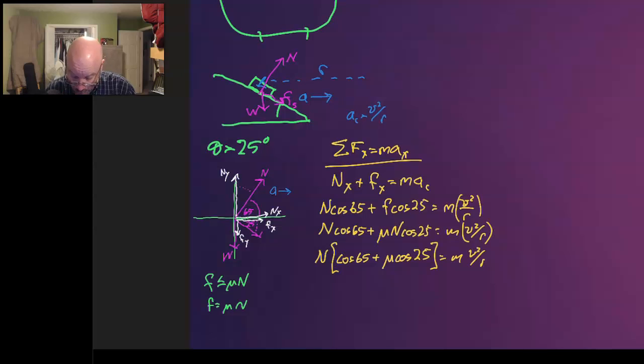So we're interested in trying to find v, and you can see here that if we could get something about v, then we could get N, or the other way around, if we could get something about N, then we could solve for v.